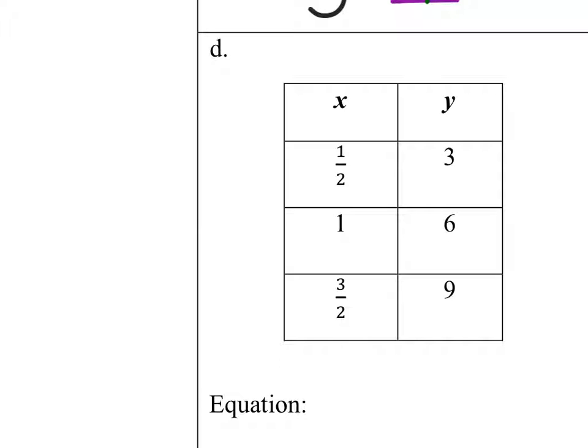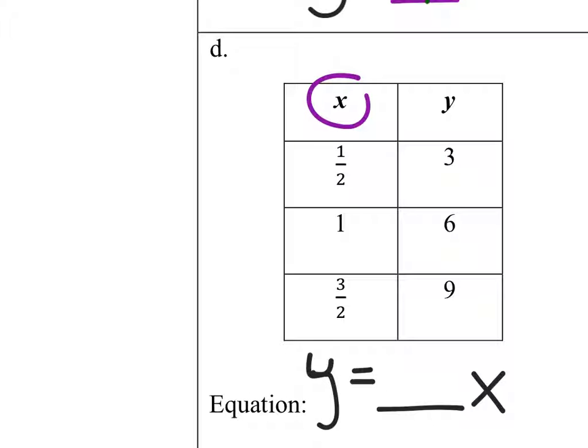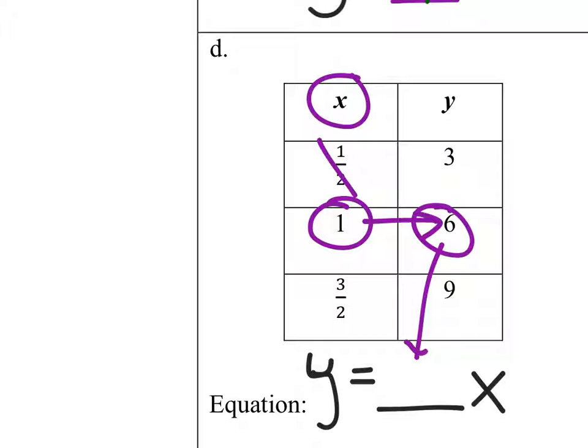Sometimes it won't always be quite like this where it shows specifically what to do, but for all of these, we're going to write this as y equals, and then the coefficient of x, which just goes in front of the x right here. So what number goes in front? Well, for the x, we got to look and find where x is 1. That's not 1 right there, but this is 1. The y value when x is 1 is the coefficient of x, so it's 6. Bam, that's our equation. It is done.